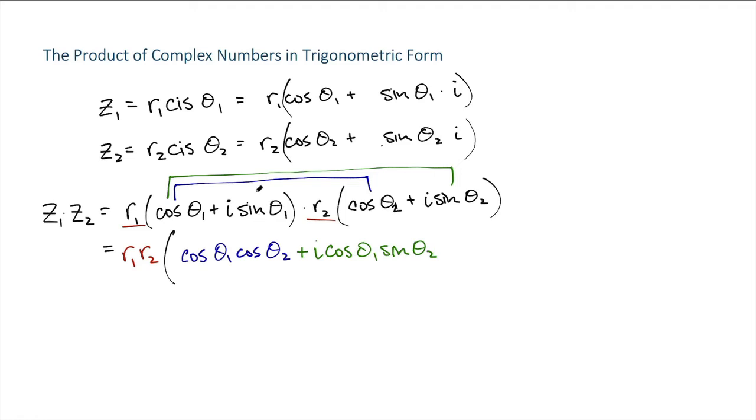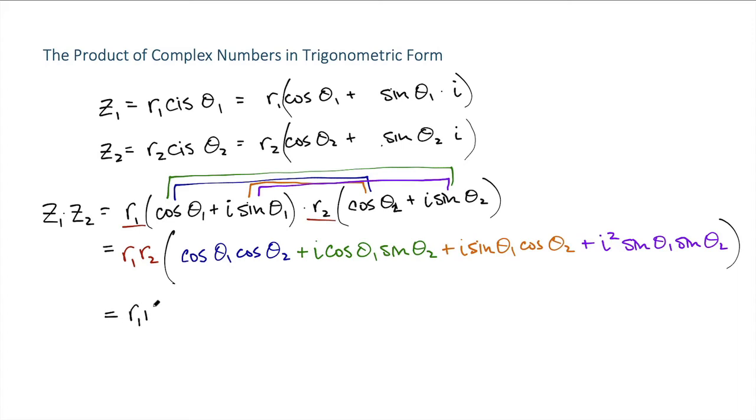And then we're going to take this i sine theta 1 times cosine theta 2. That's plus i sine theta 1 cosine theta 2. And then finally, the i sine theta 1 times i sine theta 2 is plus i squared sine theta 1 sine theta 2.